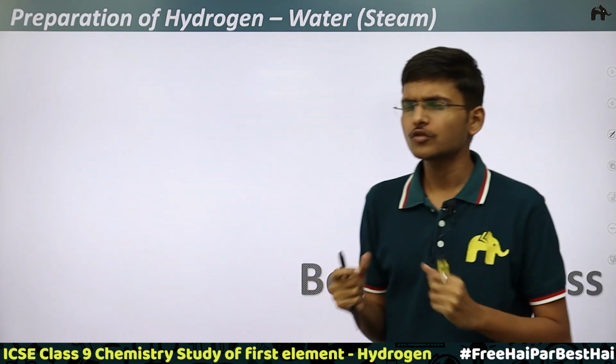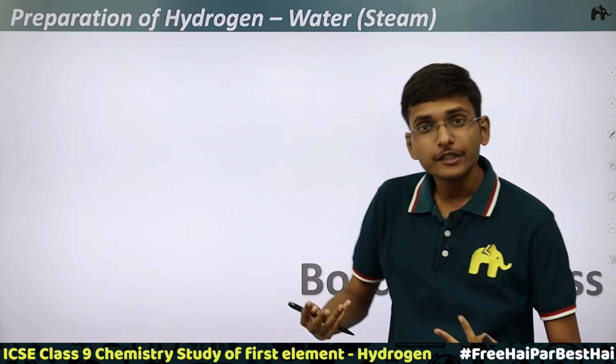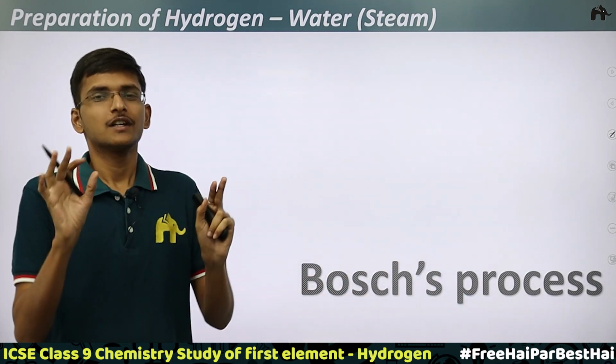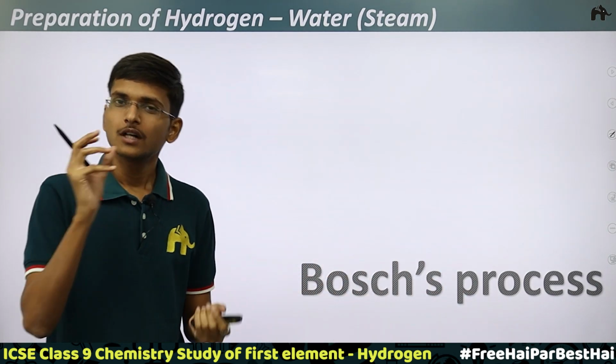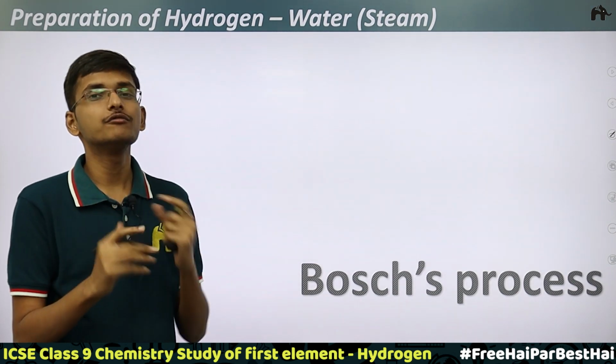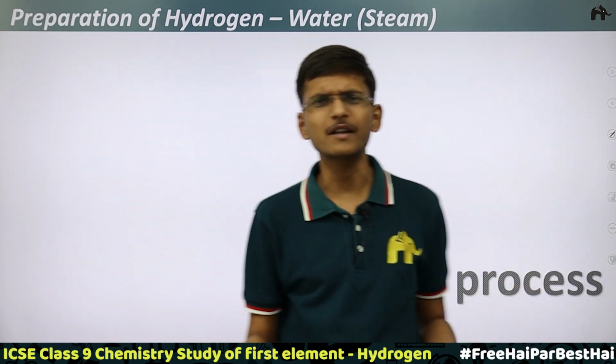The third step is not about increasing the yield of hydrogen again. We are simply going to remove the things which we don't want, which are now present along with hydrogen. You would ask, sir, what is present now with hydrogen?